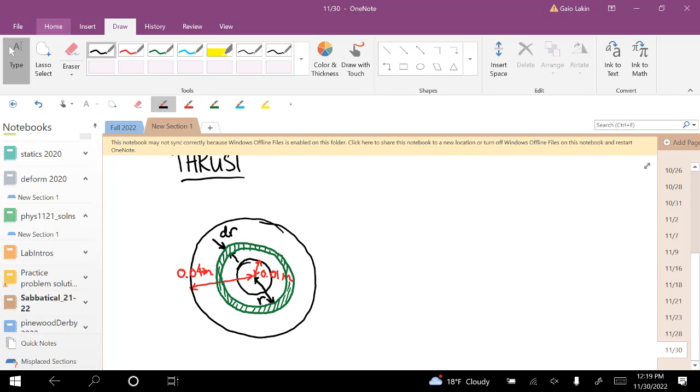The steps we're going to follow: first, for that infinitesimal ring, we figure out our infinitesimal normal force, the total force applied over that infinitesimal area.